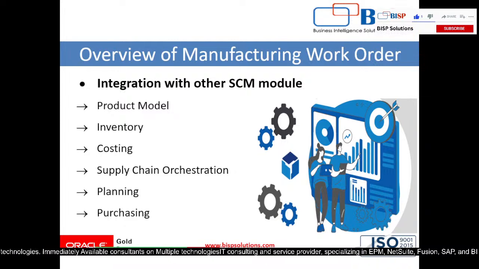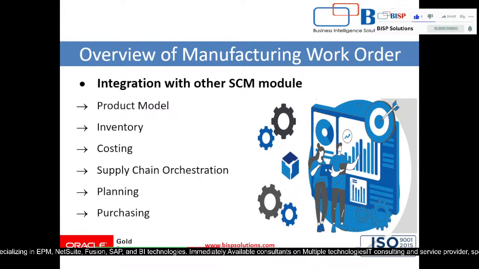And now another integration is from the supply chain orchestration. So the Oracle supply chain orchestration creates supply for the Oracle manufacturing cloud. So again, sales order for back-to-back order, right? And back-to-back work order, and the configure to order item reorders, right? In the supply chain orchestration.